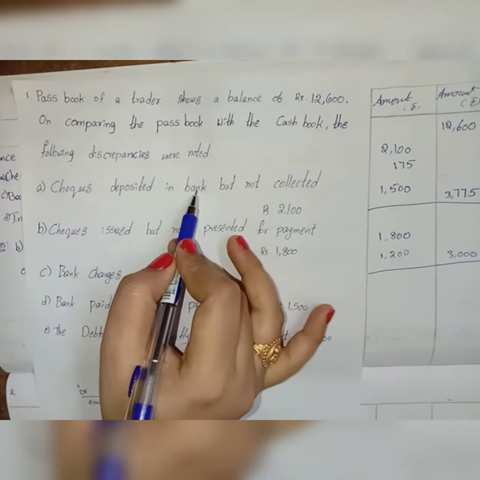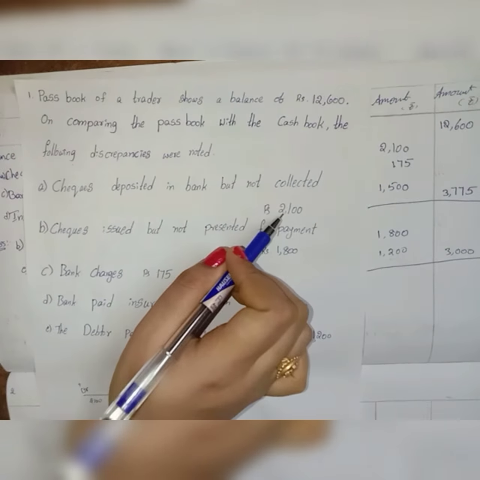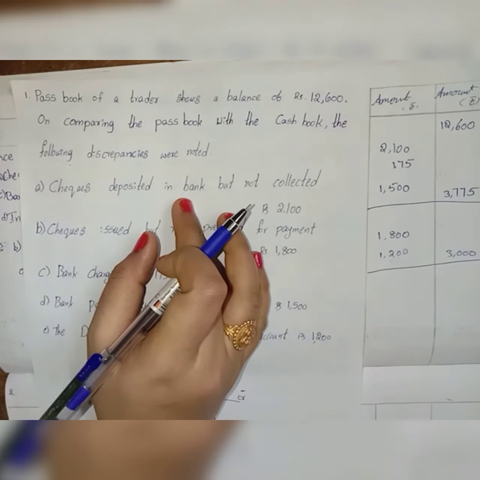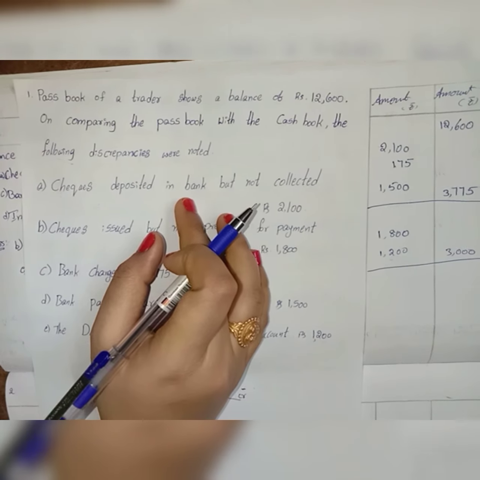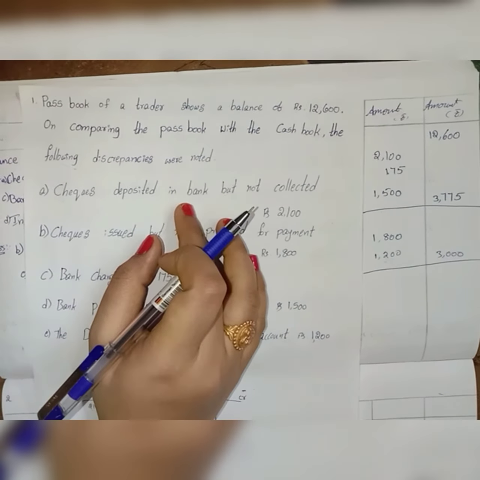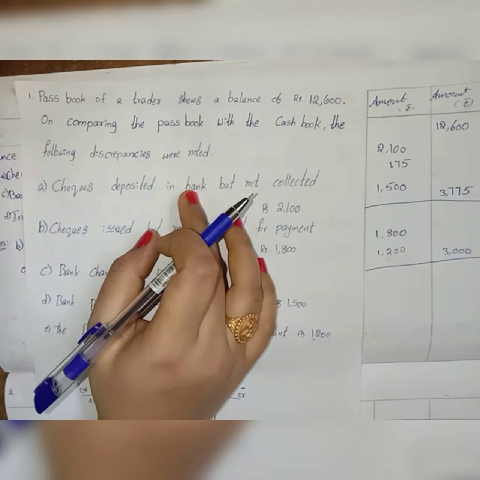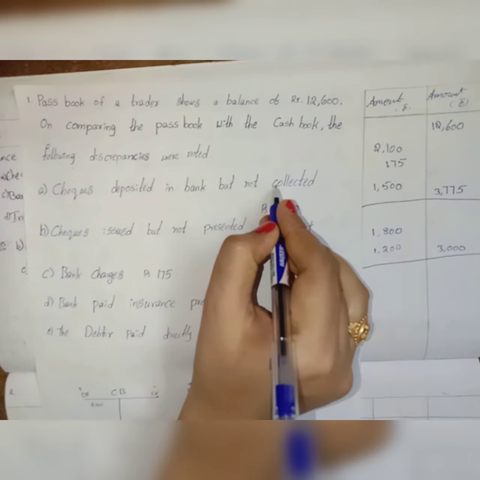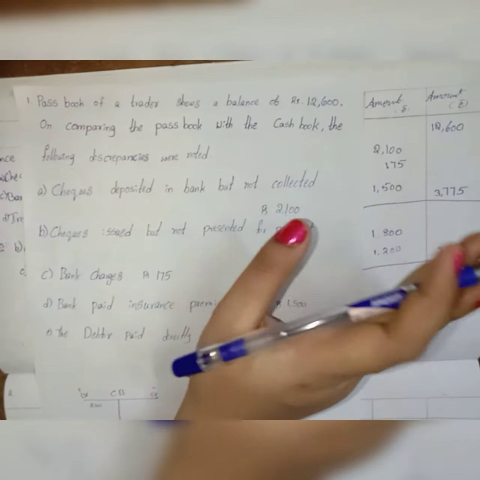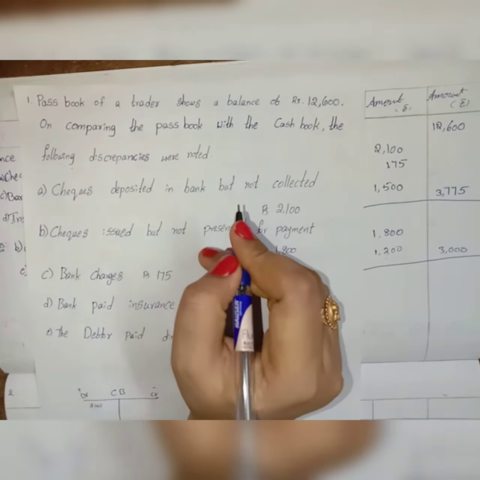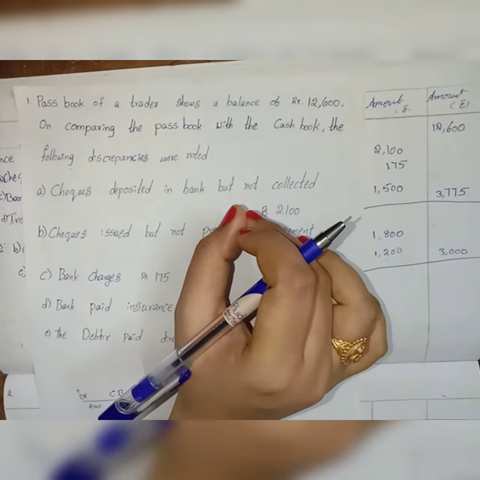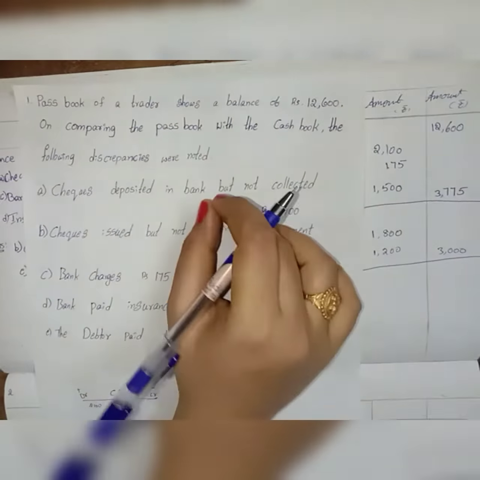Check deposited in bank but not collected, 2,100. We have deposited this check in the bank. This collected amount should be written in the passbook, but the amount is not collected yet, though we write it in the cash book as check deposited in bank.